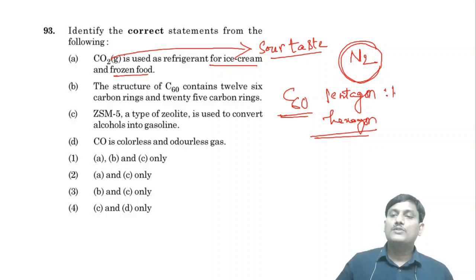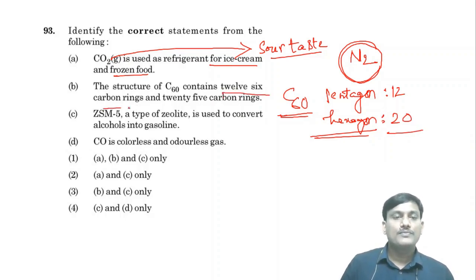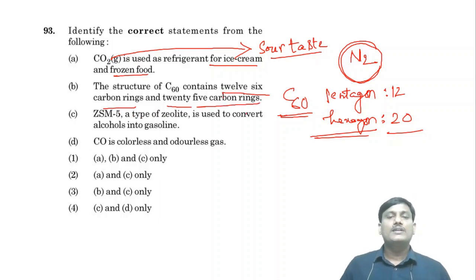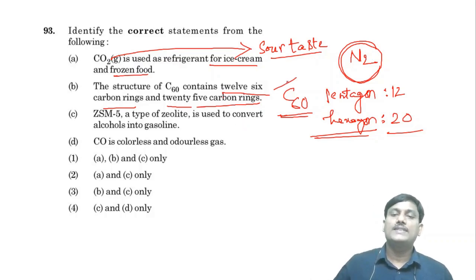Here there are 12 pentagon units and 20 hexagon units. Here, how many is given? 12 six-carbon rings and 25 carbon rings. Actually, 20 six-carbon rings and 12 five-carbon rings will be there in C60 Buckminsterfullerene. So this one is wrong and this one also wrong.